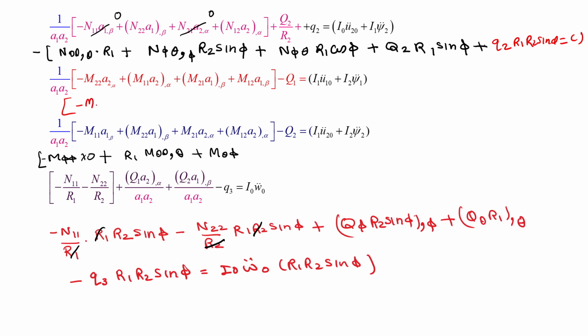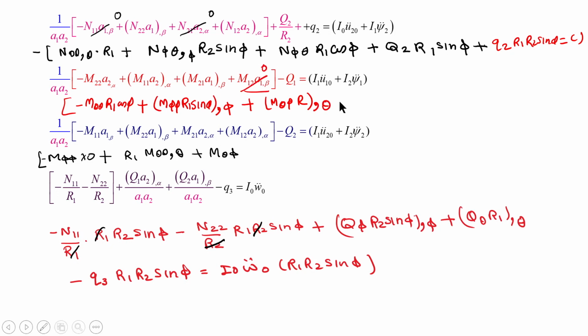It will be m22, that is m theta theta, a2 comma alpha means r1 cos phi, plus m11, m phi phi, a2 means r1 sin phi comma phi, plus m21, m theta phi, a1 is now r comma beta means theta. a1 comma beta will be 0, it will not contribute, minus q1, here it is just q1.